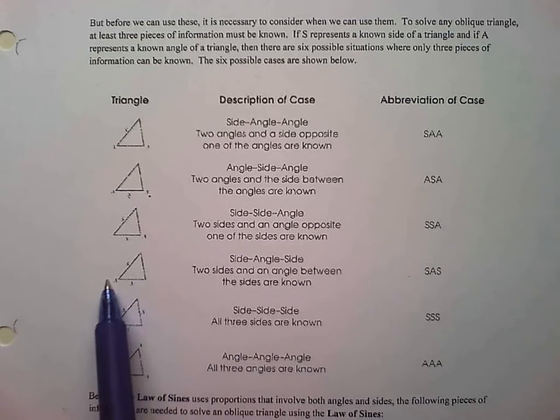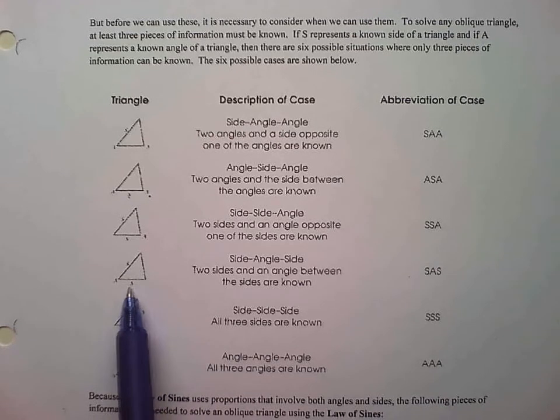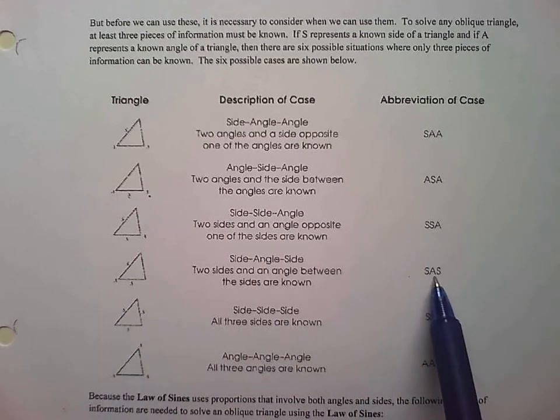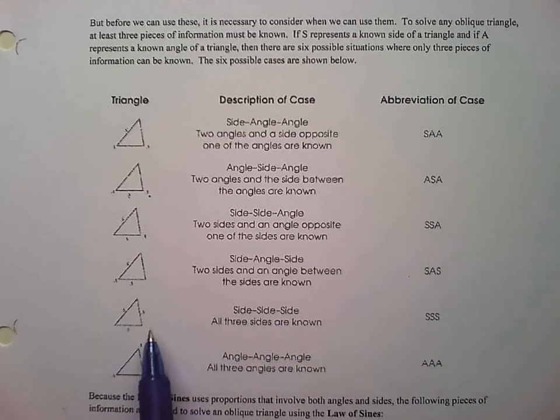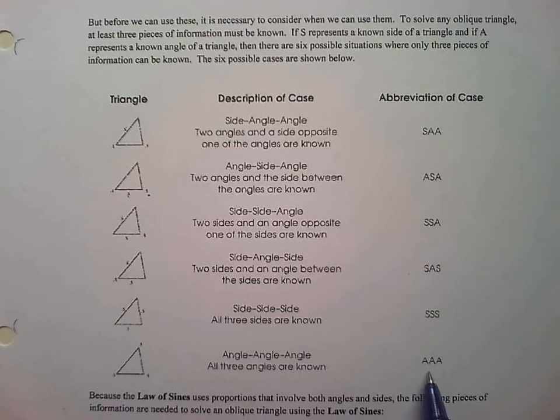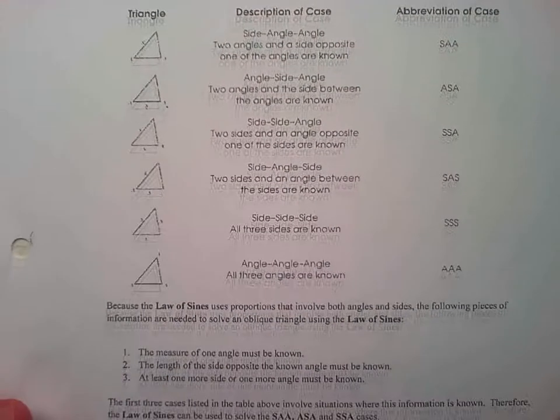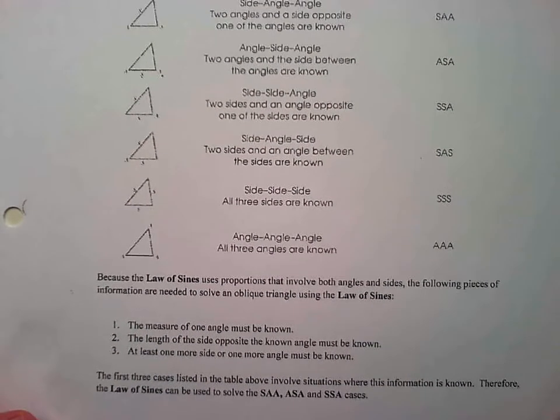Or we can have side, angle, side, where we have two sides and the angle between those two sides known, so SAS as the abbreviation. We can know three sides, so all three sides are known, SSS. Or we can also know all three angles, and the abbreviation is going to be AAA. Now what's really important here is this.